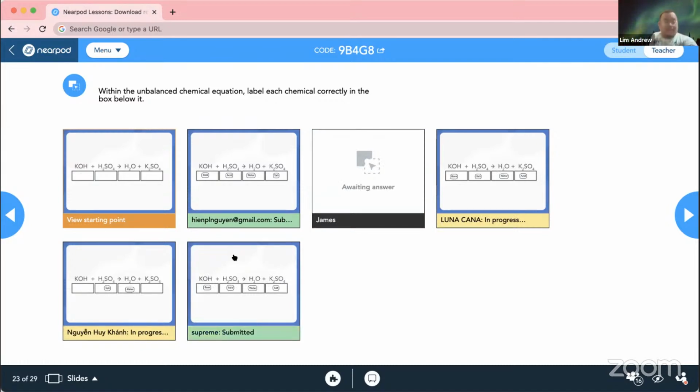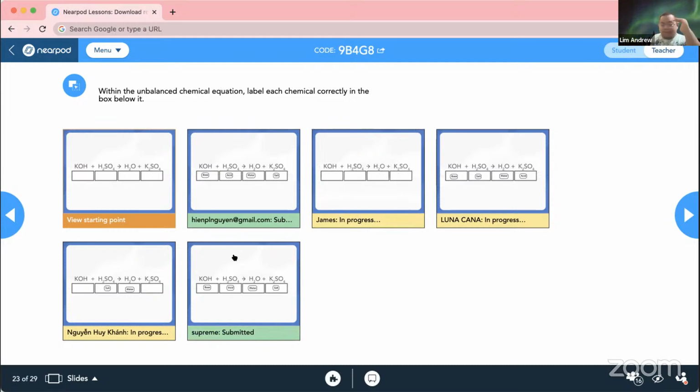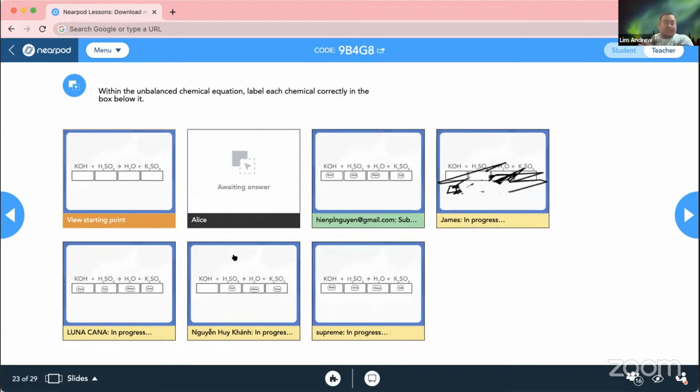Remember the difference between the acid and the base. An acid always contains hydrogen, H, no matter where it goes. A base always has OH, which is hydroxide. And when you react acid and base, acid plus base will always give you water plus salt. And water, we know the standard is H2O. There's no way to change the formula for water.